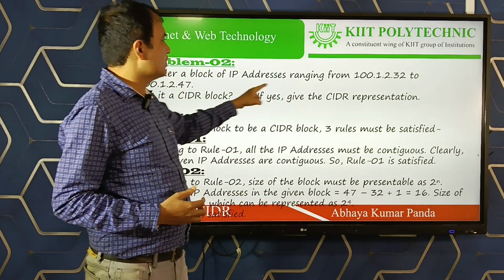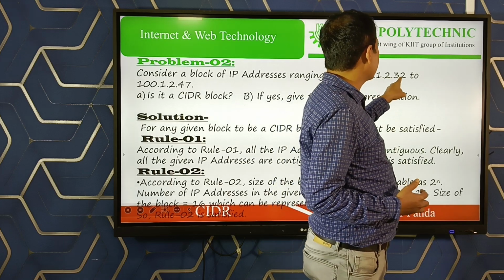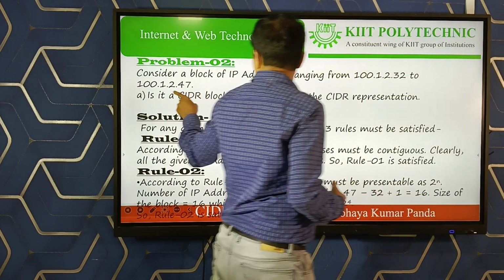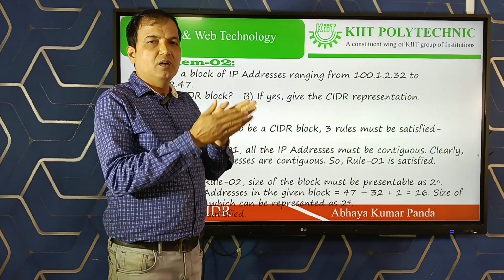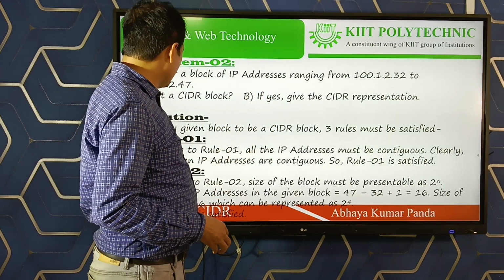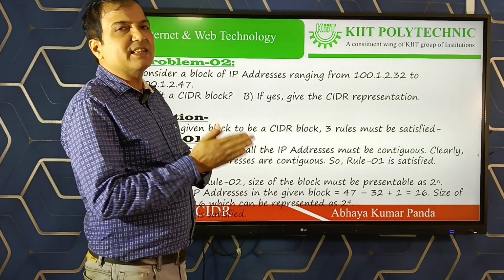Check rule number 1: is it consecutive? Yes, it is consecutive, because it is written here 100.10.2.32 to 100.1.2.47. It means all the IP addresses are consecutive. Go to rule number 2, find its size.